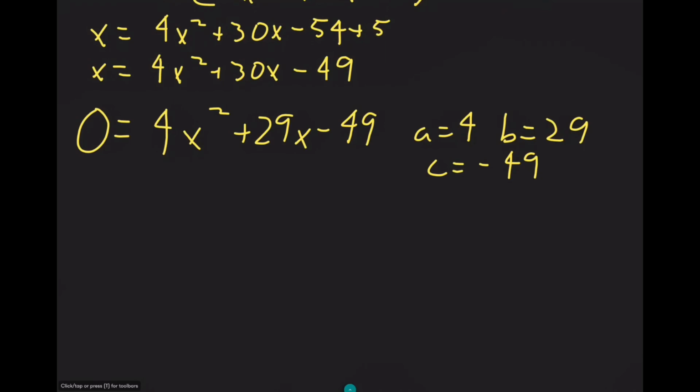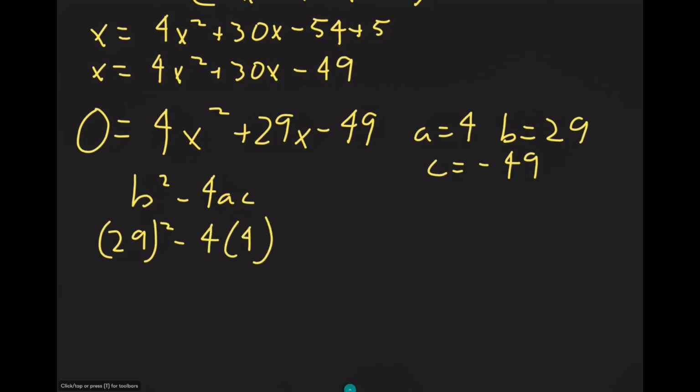Alright, so now we can plug them into b squared minus 4ac. So then we get 29 squared minus 4 times 4 times negative 49. So then 29 squared is 841.